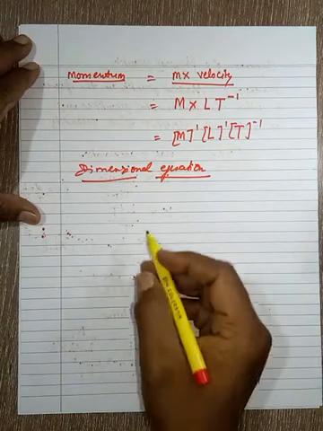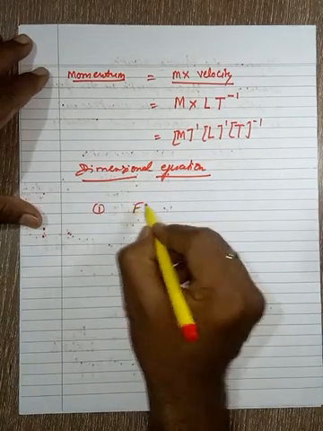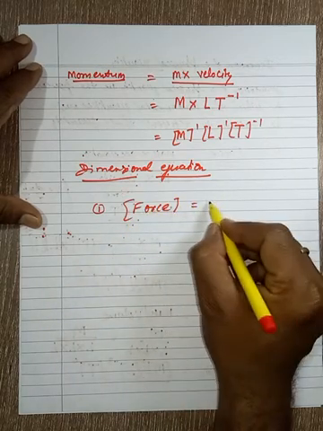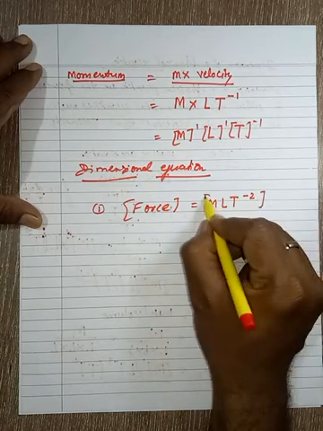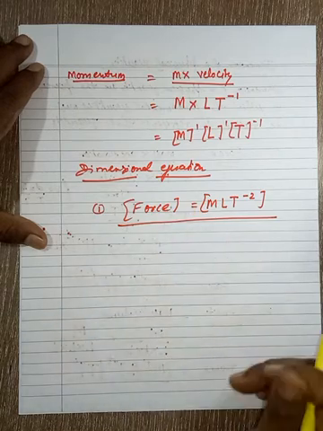That is what we have just seen. For example, for force, what we have seen is M L T minus 2. So this is the dimensional equation for force.